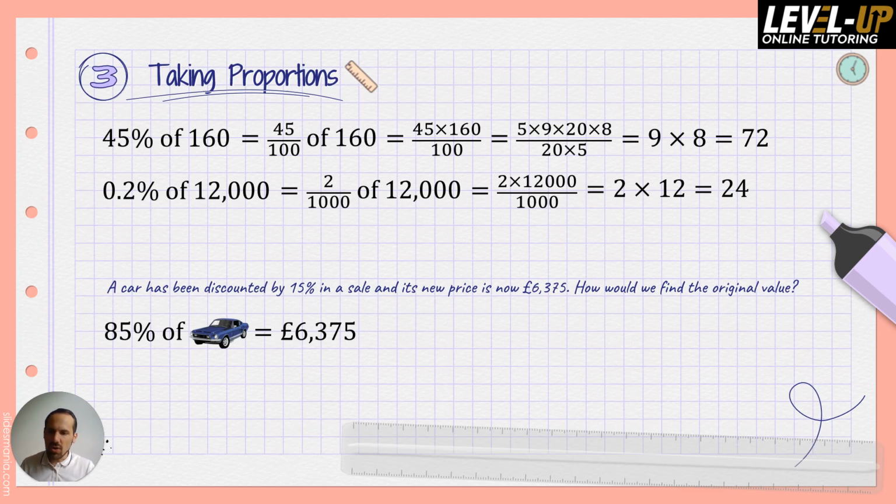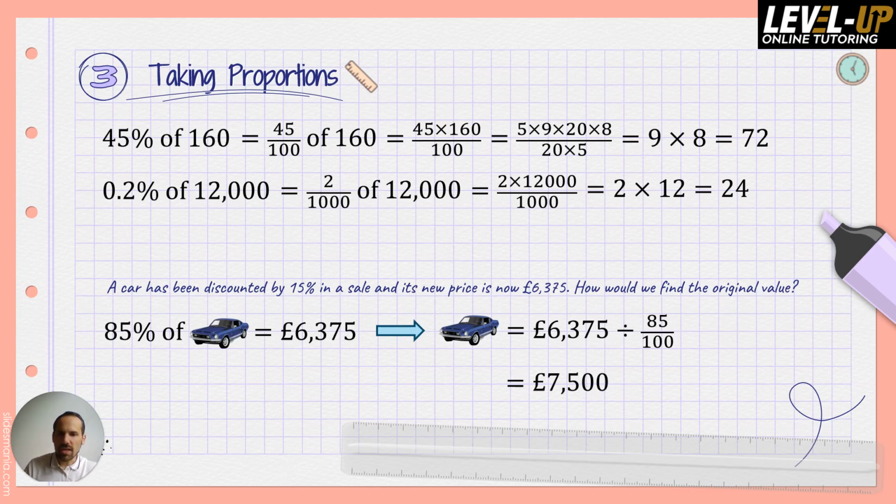So we know 85% of the car is basically 85 over 100. That fraction times the value of the car is getting us this 6,375. So if we do the reverse of that, the car is going to be 6,375 divided by 85 over 100. That's going to essentially undo that operation.